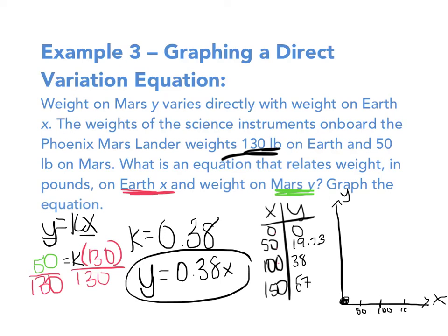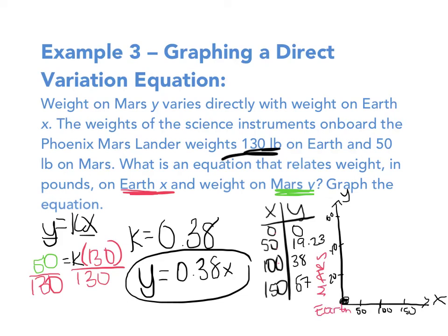Then the y-axis can go up to maybe 60, so we'll go 20, 40, 60. Of course I need to label, but I'm running out of room, so I'll do it in another color so you can see it. I'm sorry this is so sloppy. Weight on Mars, and weight on Earth down here.